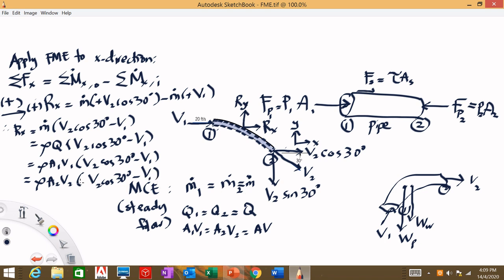Okay, so you can get the answer. If you get a positive answer, in Newton, it means your assumption on the direction of the reaction force going to the right is correct. If you get a negative answer, it means your assumption that the reaction force is going to the right is incorrect.